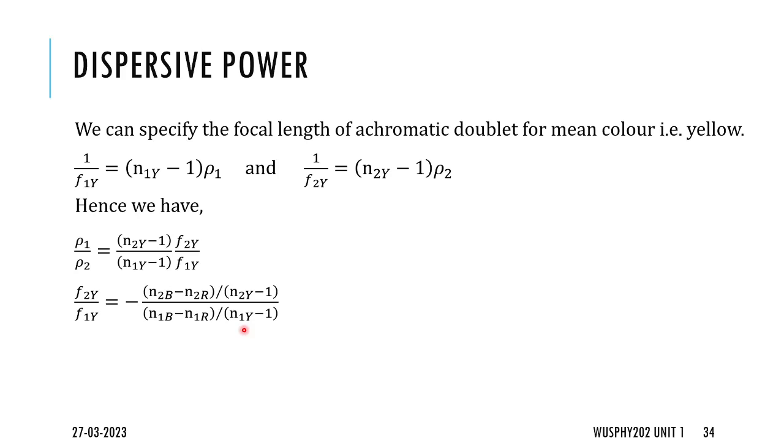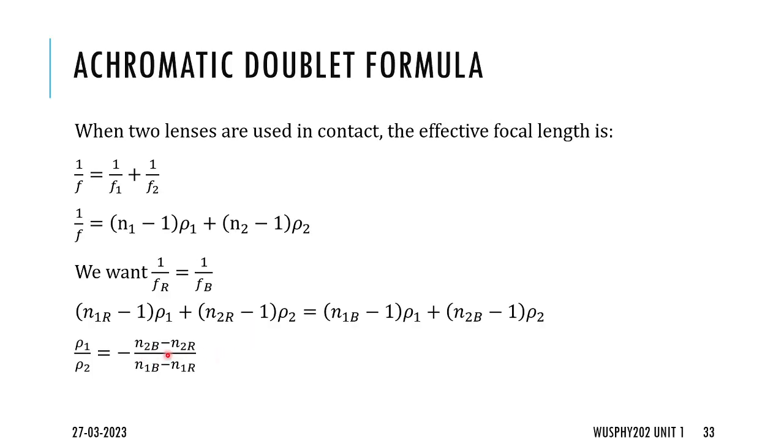But why blue and red? Because you see here blue and red is there. Sir, ultimately what do we want to do? Blue or red would be given to us in the problem itself.